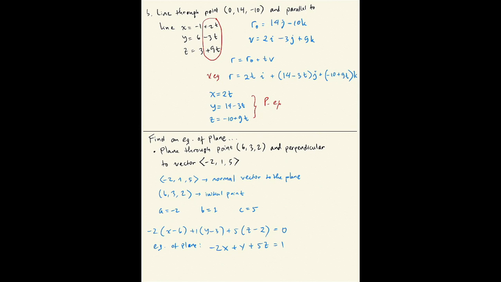How to find a vector that is perpendicular to other vectors? Through the dot product. Then what is the dot product? Make it zero, right?